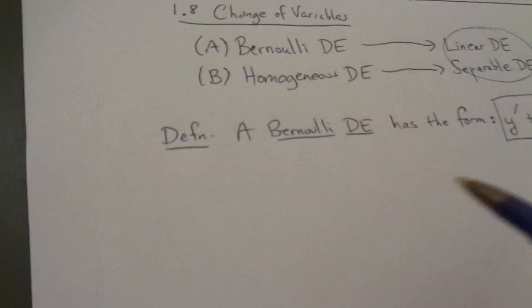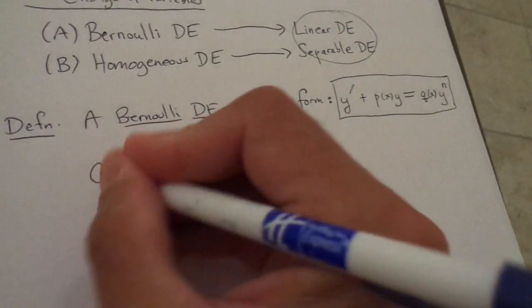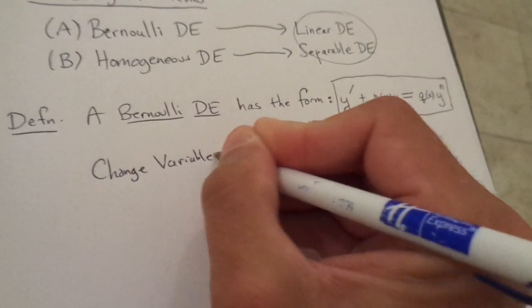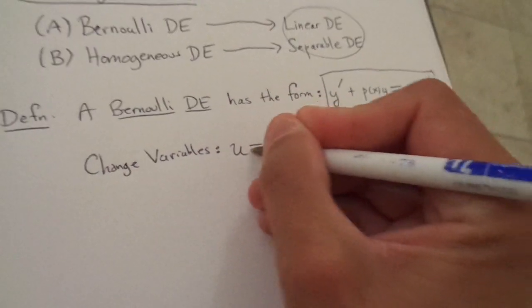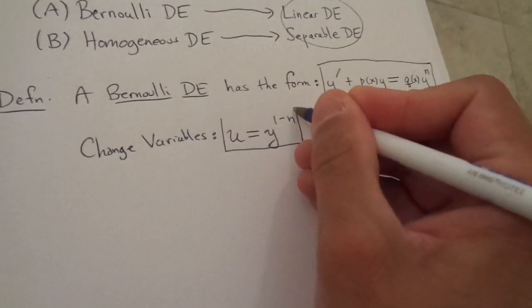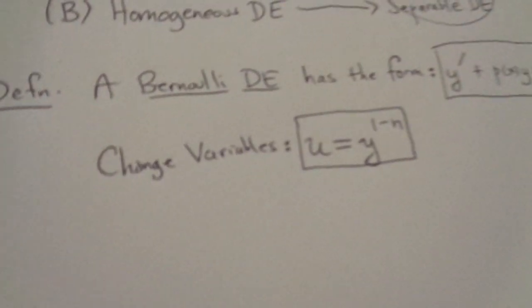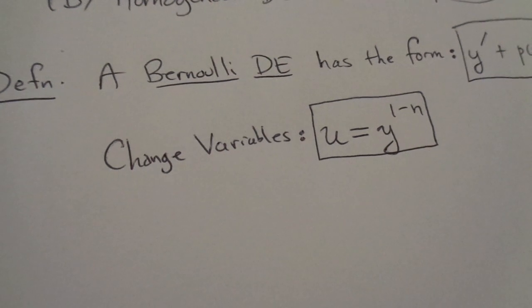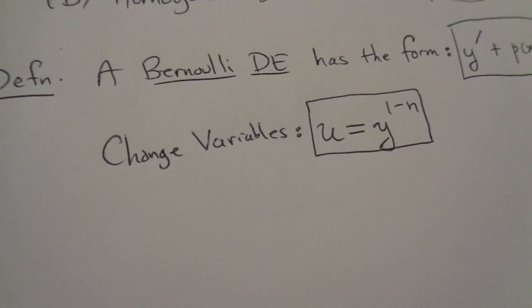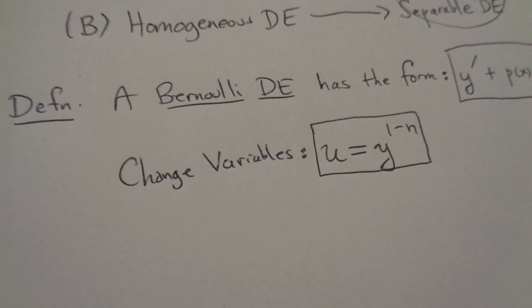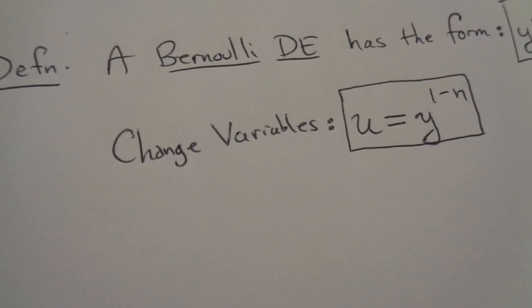This is going to be something very important for you to know. Here is how you do the change of variables. I'm going to use a u for this, and the formula is u equals y to the 1 minus n. I have another video already available on the class webpage in this section 1.8 that explains why that particular change of variables works.